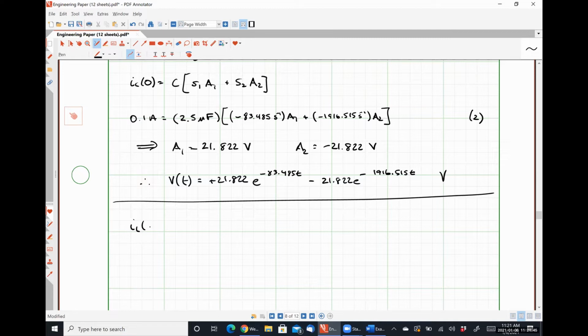So IL of t is going to be A1 e to the S1 t plus A2 e to the S2 t plus IL at infinity. So IL at 0 plus is going to look like A1 plus A2 plus IL at infinity, which was 0.1 amps.